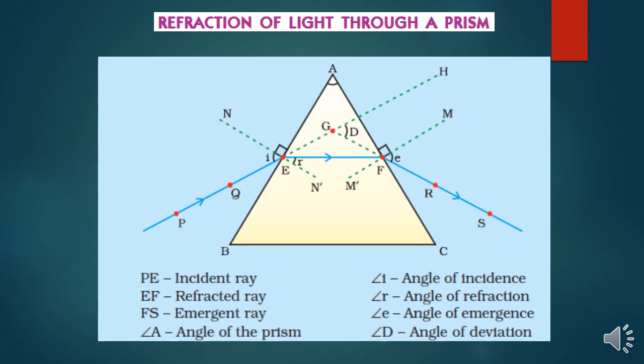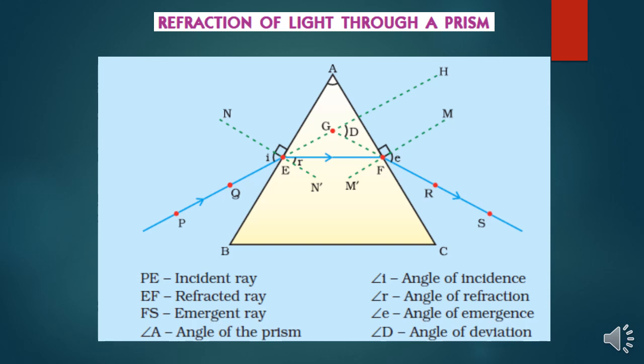In the same way, on the opposite side of face AB, the angle between the refracted ray EF and the normal is denoted by small r. This angle r is the angle of refraction.